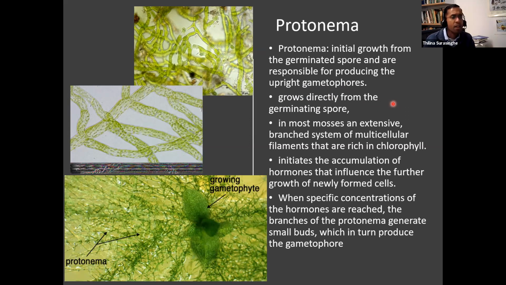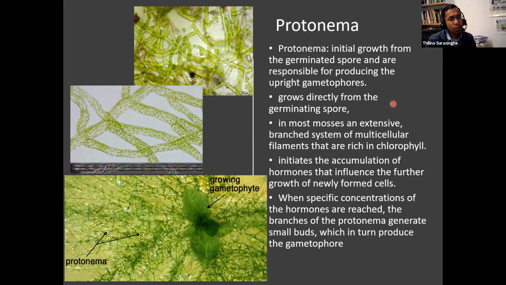What does that mean? The job of the protonema is first to synthesize hormones, and secondarily to accumulate hormone to a certain threshold concentration that will trigger further growth of the protonema itself, the growth of the gametophore, and subsequently the gametophyte.